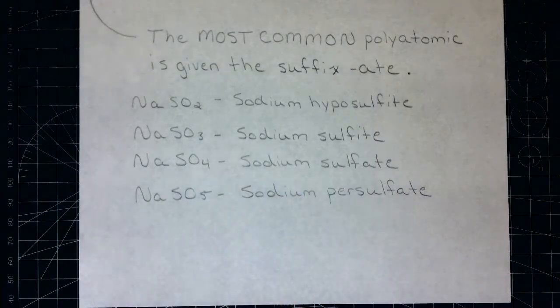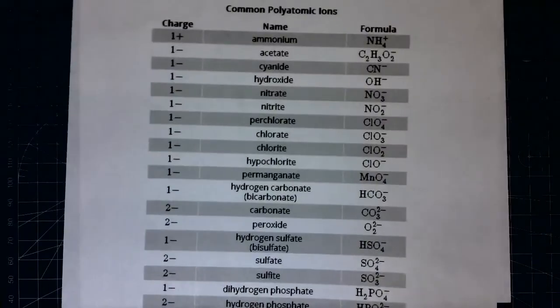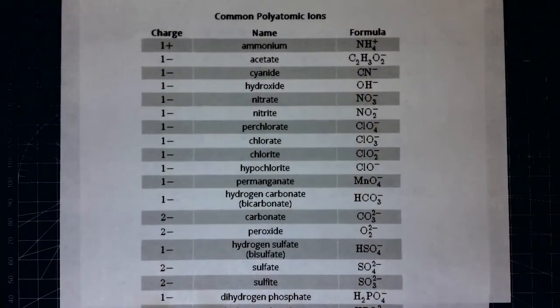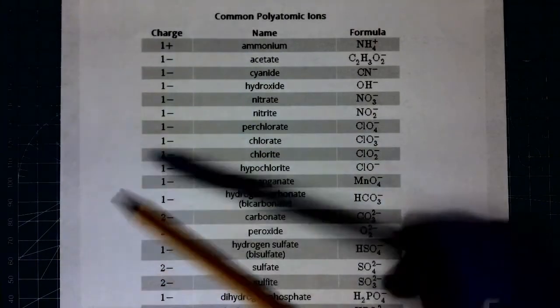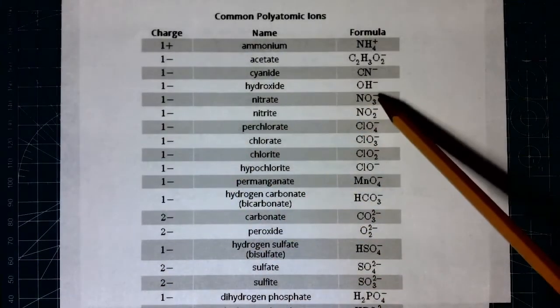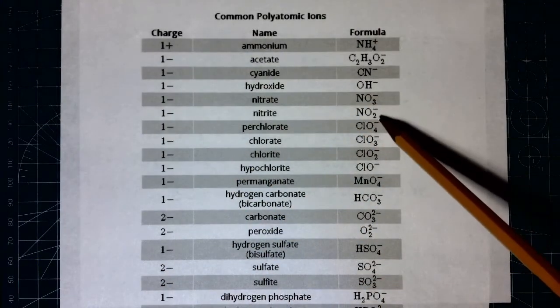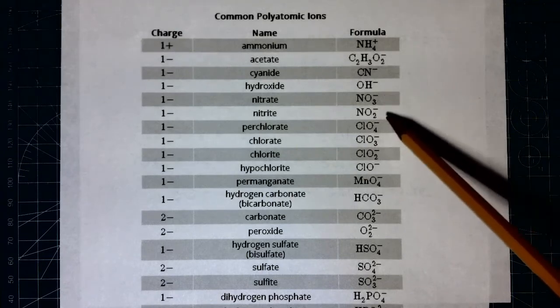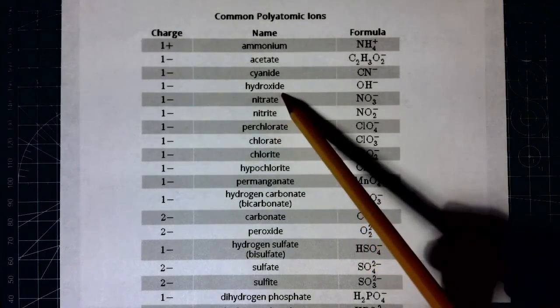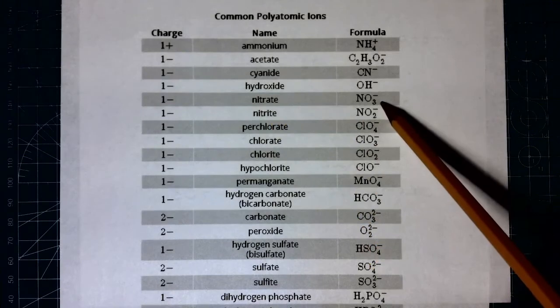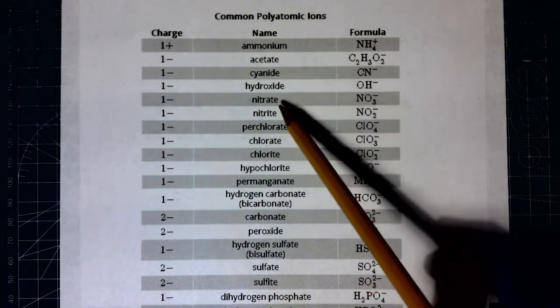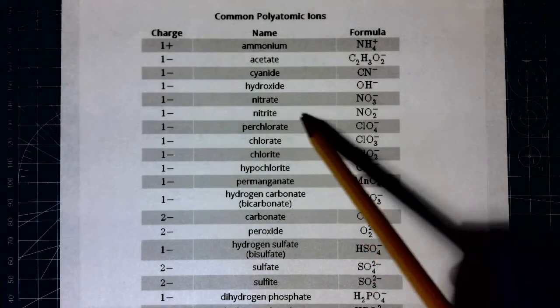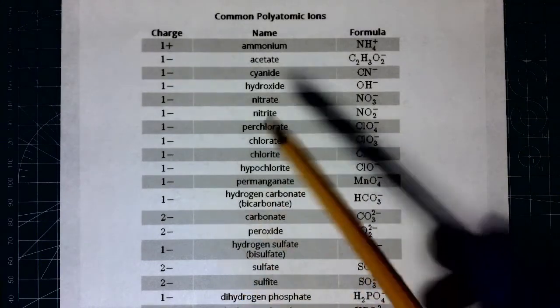Now that we know that, if we go back to our list, you can see this pattern start to emerge. So here we have NO3, we have NO2. Remember that they both have the same charge on them. The NO3 is the most common one, and it's called nitrate. One less, we have nitrite.